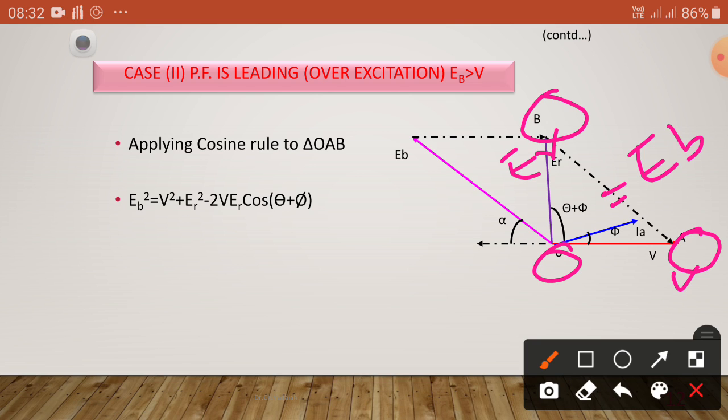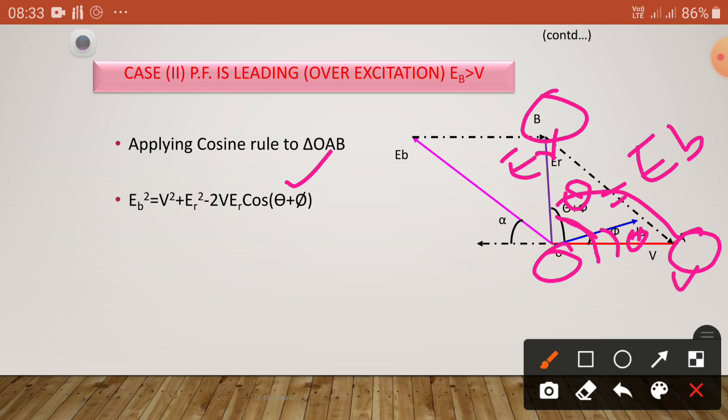Applying the cosine rule, EB squared is equal to V squared plus ER squared plus 2 into V into ER into cos of the angle between ER and V. This angle is theta and this is phi, so the total angle is phi plus theta.